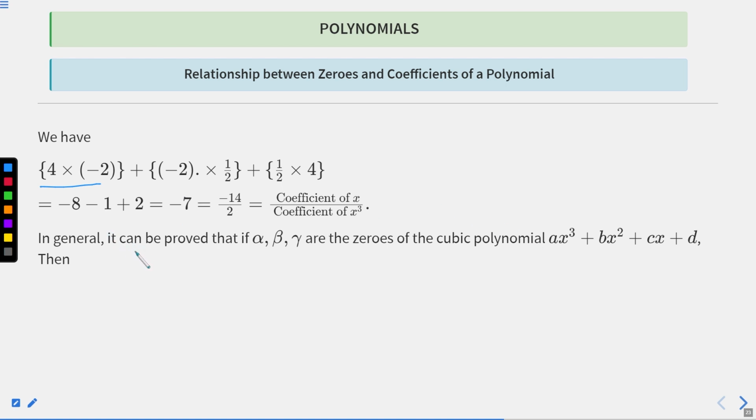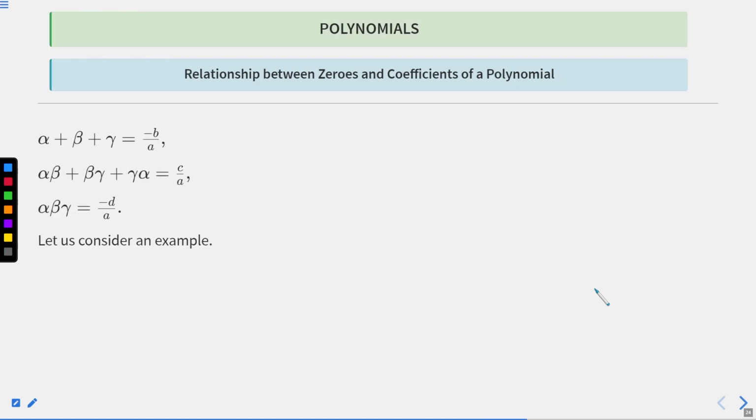So in general, it can be proved that if alpha, beta and gamma are the zeros of a cubic polynomial ax cube plus bx square plus cx plus d, then the sum of its zeros, that is alpha plus beta plus gamma, is equal to minus of coefficient of x square divided by coefficient of x cube, that is equal to minus b upon a.